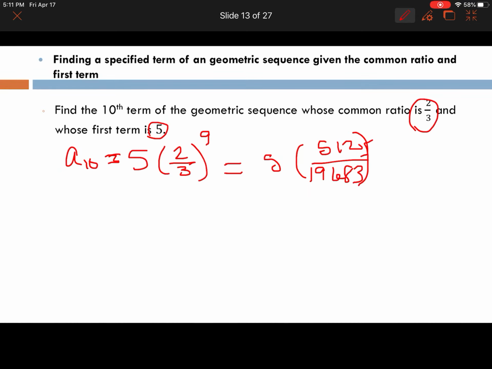And I would just need to multiply those top numbers together. So 512 times 5 is 2560. Is that really true? Yep. Huh. Okay.